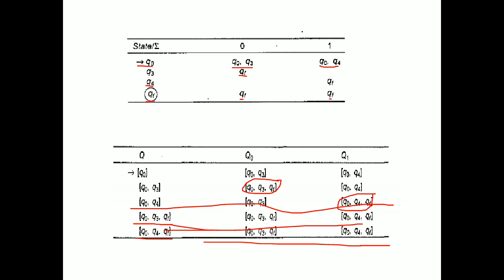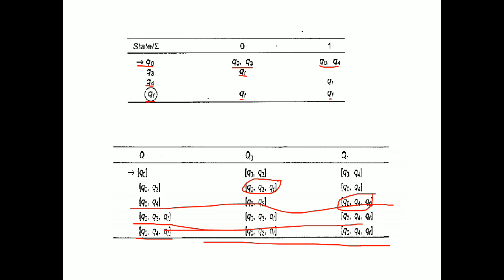Now draw the state transition table for this minimized automata. So Q0, Q3, Q4, QF. If we give 0 to Q0 it will go to Q0 and Q3. If we give 1 as input to Q0 it will go to Q0, Q4. For Q3, if we give 0 we reach QF. There is no input of 1 for Q3, so nothing is there.